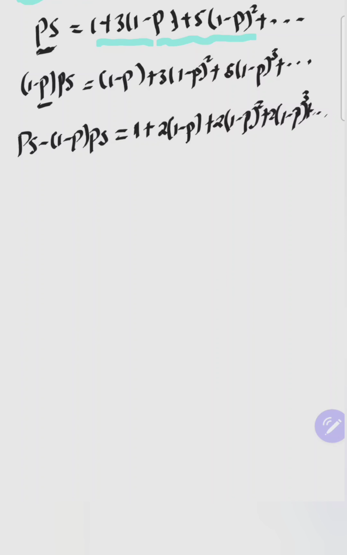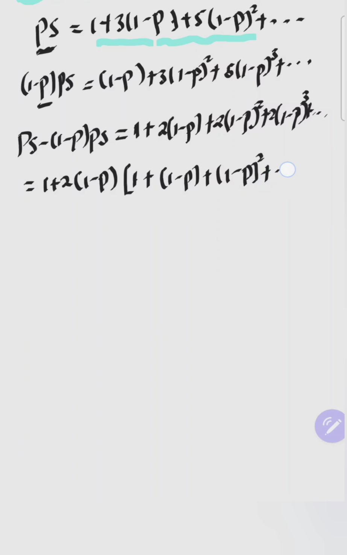Now, what can we factor out from this? Here we can see that we have 1 plus 2(1 minus p), which is common to the remaining terms. So let's factor it out. So we're going to have 1 plus (1 minus p) plus (1 minus p) squared plus a continuous term.